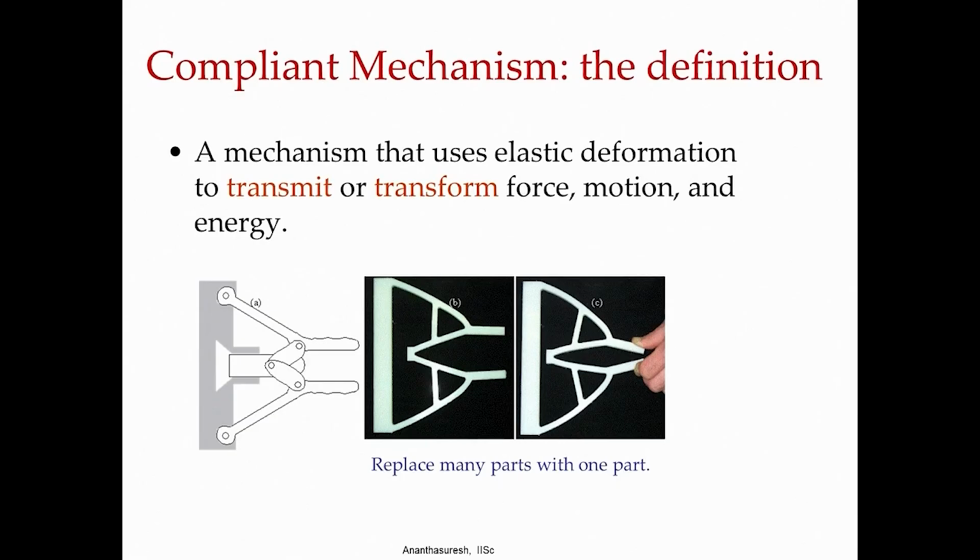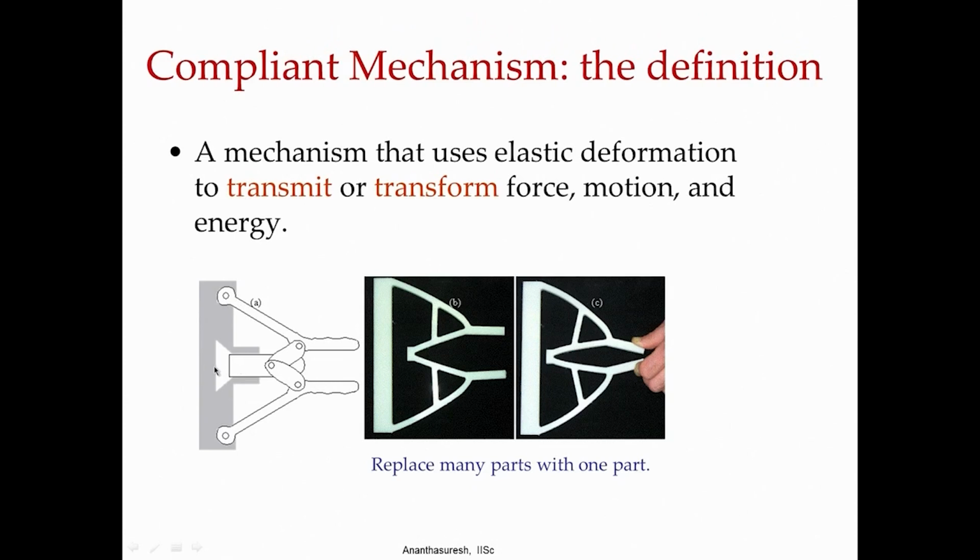After all this, if we want a definition for compliant mechanisms, here it is. A compliant mechanism is one that uses elastic deformation to transmit, or if you want, transform force, motion and energy. So, if you have a rigid body linkage here which has these joints, when I press these handles, it will move like this and close the gap.